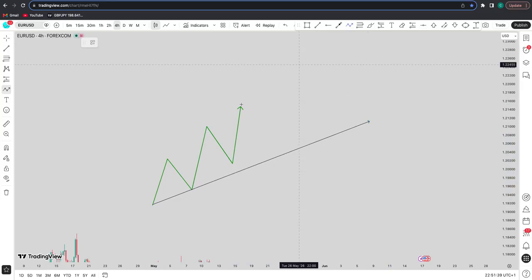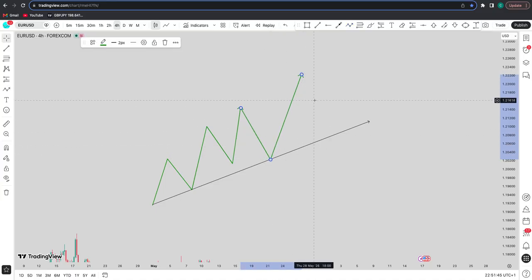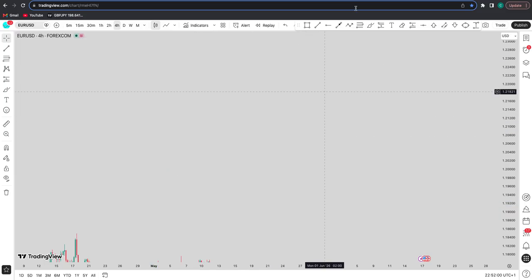And wait for price to come back and respect that trend line. Use it as a form of support and resistance to just keep going up. You see, we have first touch, second touch, and third touch. This is an example of a bullish trend line.